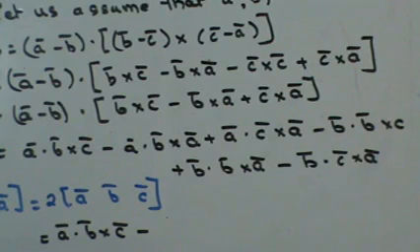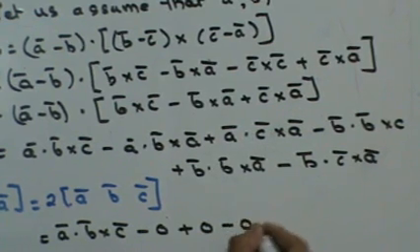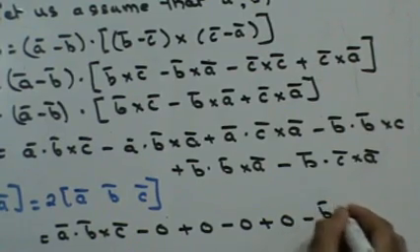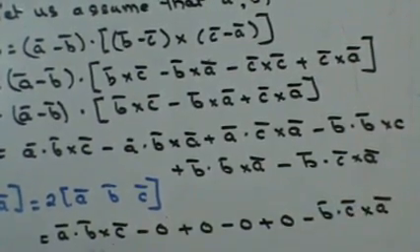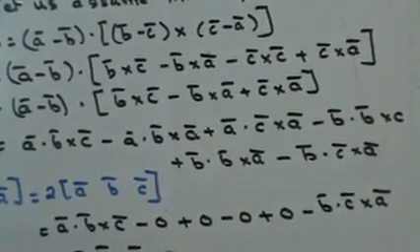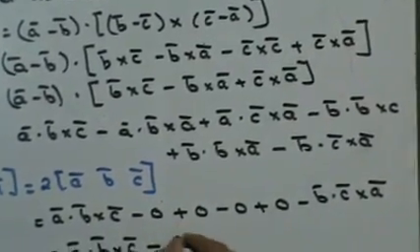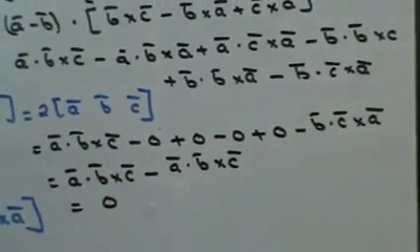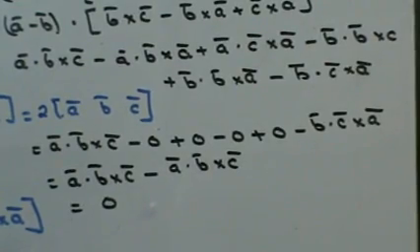Where two vectors are identical, the value of the scalar triple product is 0, and this happens for each such term. Minus b vector dot c vector cross a vector, which can be rearranged as a vector dot b vector cross c vector. So this is a vector dot b vector cross c vector minus a vector dot b vector cross c vector, which is 0.